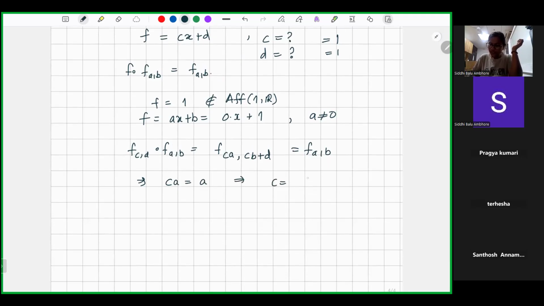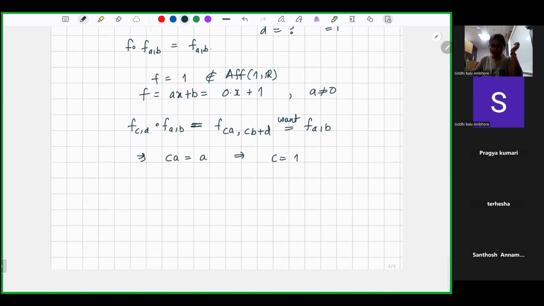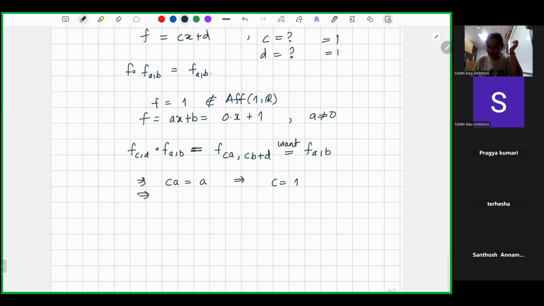So we want this equal to this. Let me write this. This implies I want ca to be a. So then c becomes 1. And once I have c equal to 1, what I want is d to be equal to cb plus d.